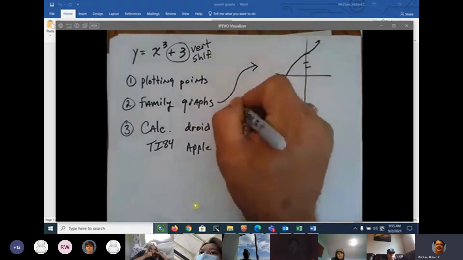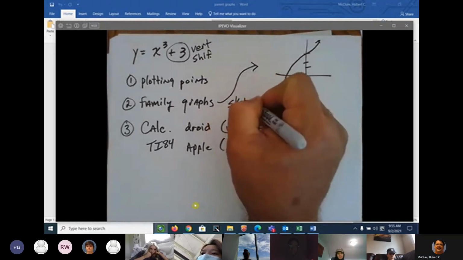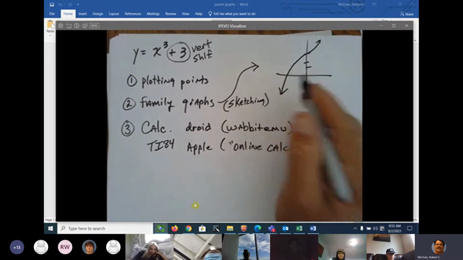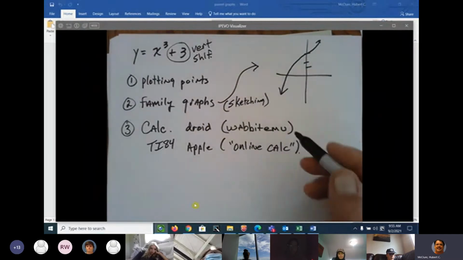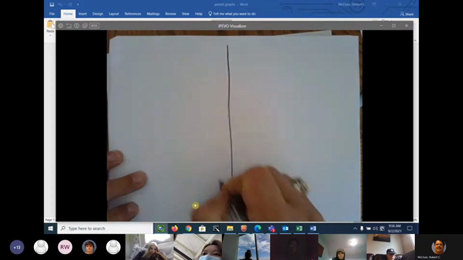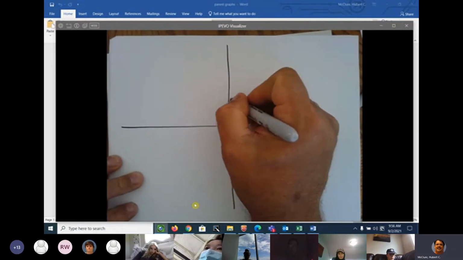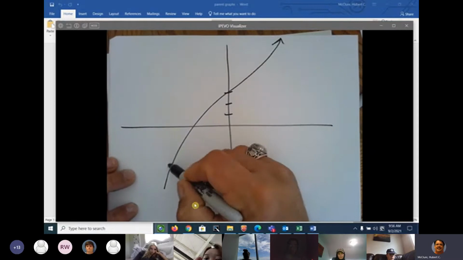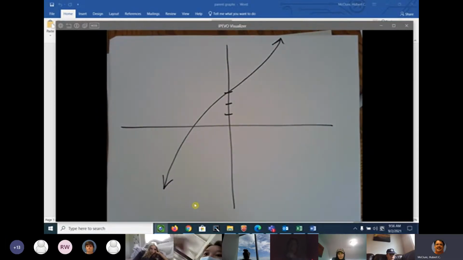So this is called sketching. Okay, that's sketching. Of course, it looks better if you have a full page. 1, 2, 3. There we go. So that would be how you would sketch it.